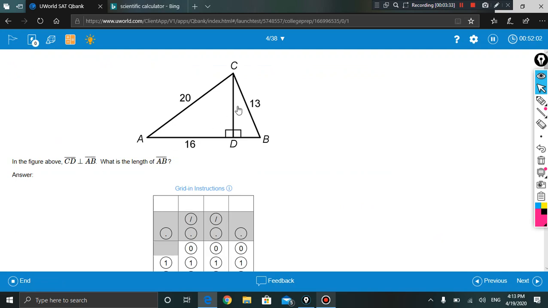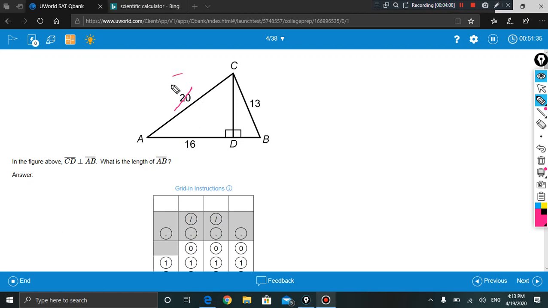Okay, in the figure above, CD is perpendicular to AB. What's the length of AB? Okay, 20 and 16. You know, this question has a neat trick. I kind of feel that 20 and 16 is like one of the famous right triangles. So let's divide by 4.